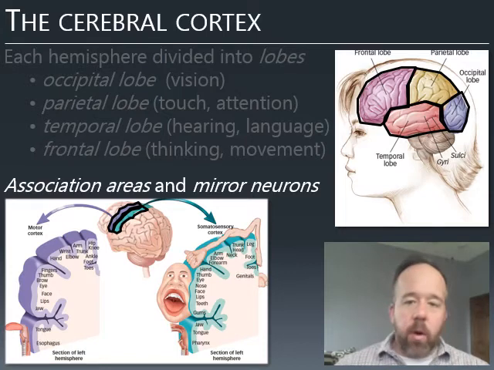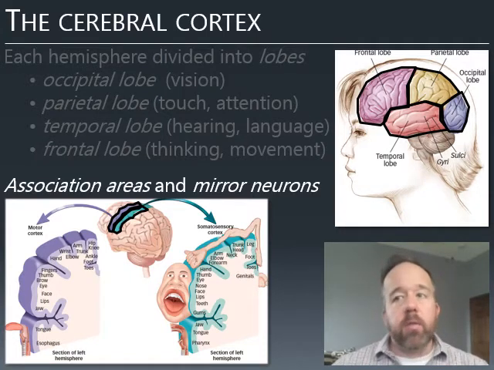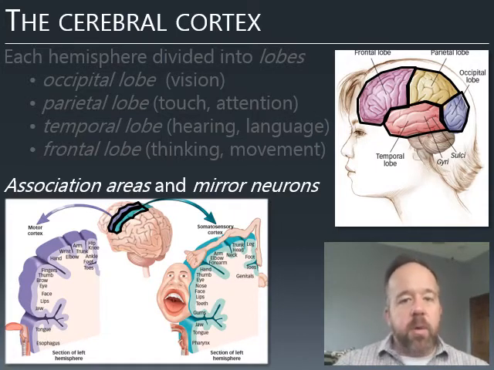So not every part of the brain deals with a part of the body or a part of the visual world. It's not always mapped onto the environment like that. There are areas that are responsible for connecting stimuli with meaning, or with connecting multiple properties of a stimulus.